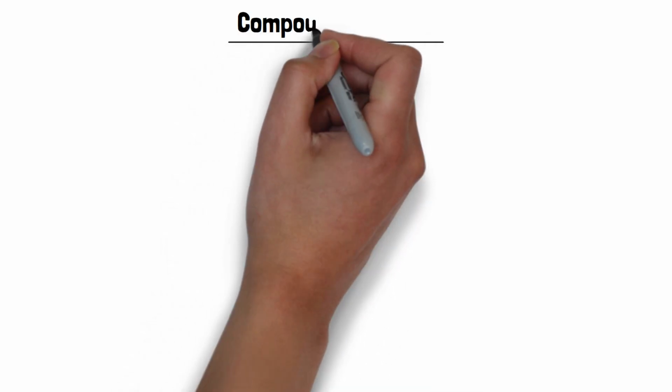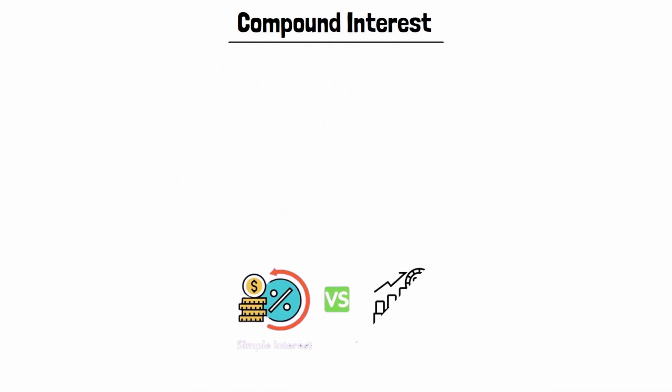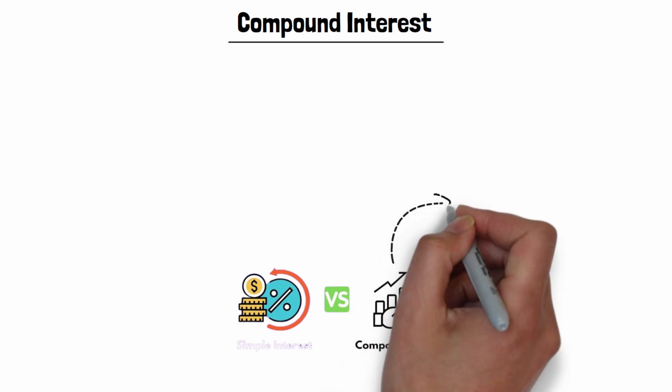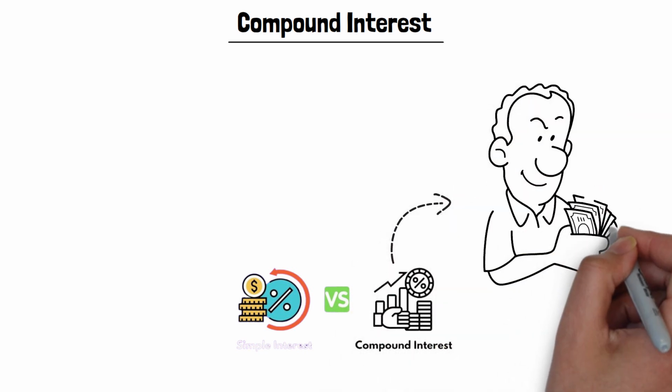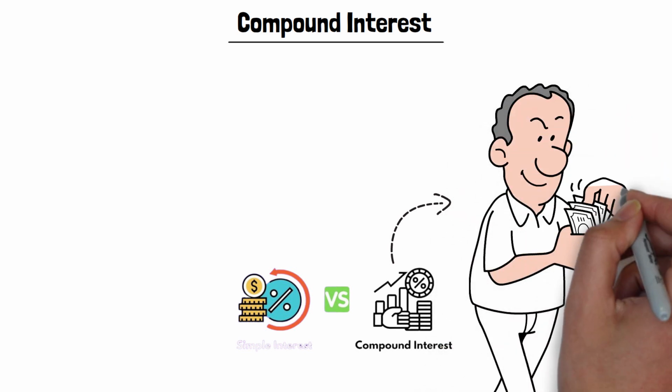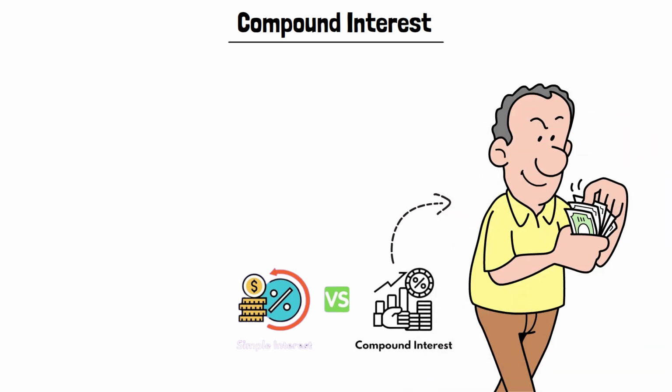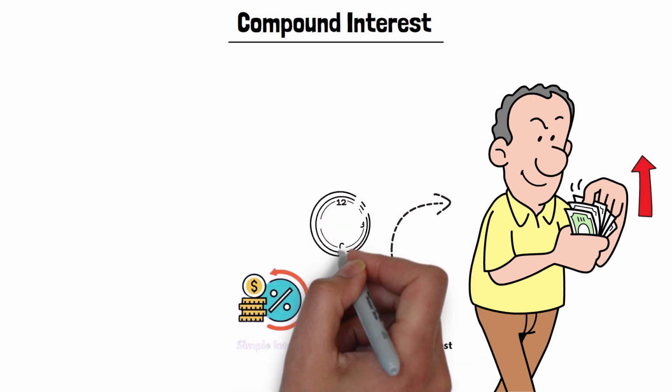We also have compound interest. Compound interest is the interest you earn on both your initial investment and the interest that has already been added to it from previous periods. In short, it's interest on interest, and it's one of the most powerful tools for growing wealth over time.